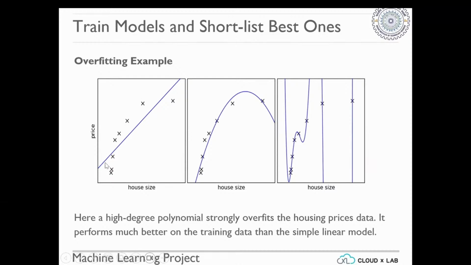Since here we are using a wrong model, we should use a non-linear model, but we are using a linear model. So if you calculate the training error, the training errors are high, or the training accuracy is poor, because the model is not able to fit the pattern present in the data.